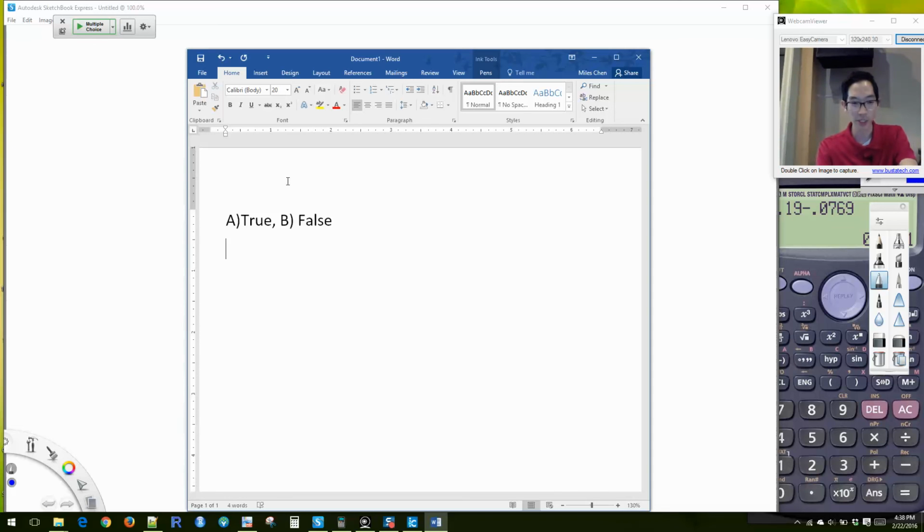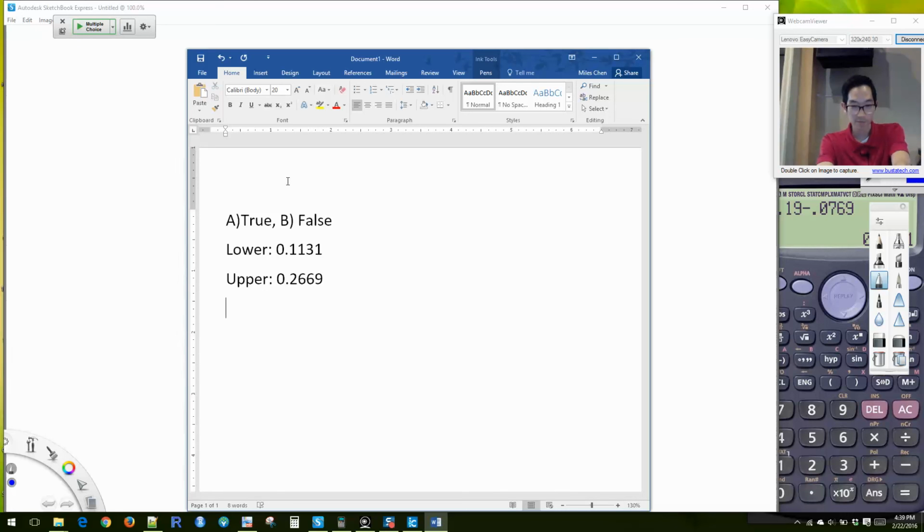Okay, so we had the lower bound was 0.1131, and then the upper bound was, what was it? 0.2669. All right, so our question, true or false?